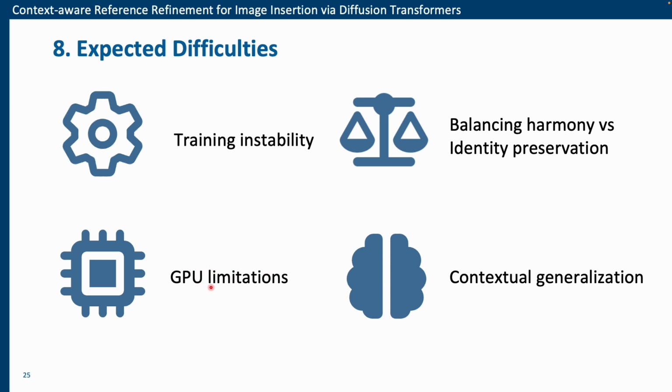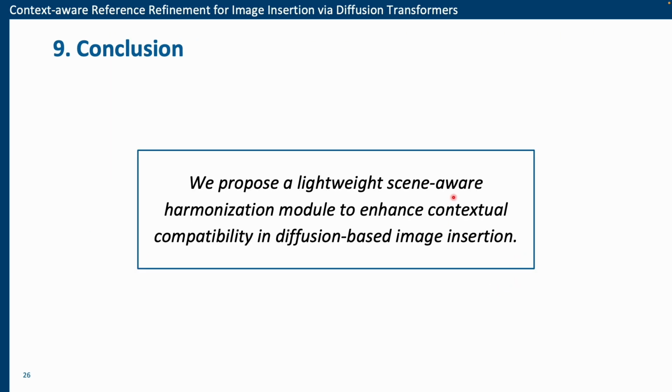The GPU limitation may also restrict training scale, batch size, and overall experiment efficiency. And finally, we also expect difficulty in contextual generation, especially when handling diverse scenes and insertion scenarios.